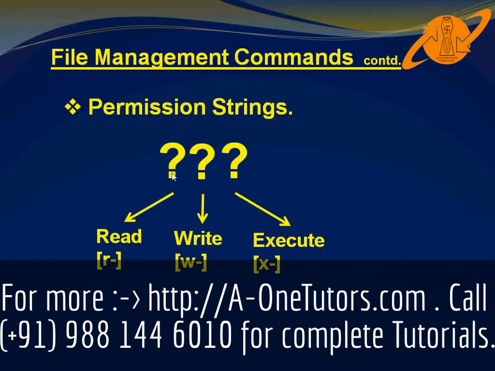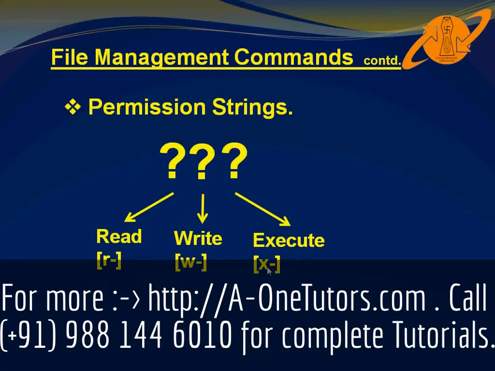The first character in each set represents read access, and it can have a value of r or dash. The second character represents write access. It can have a value of w or dash. And the last character represents execute permission.